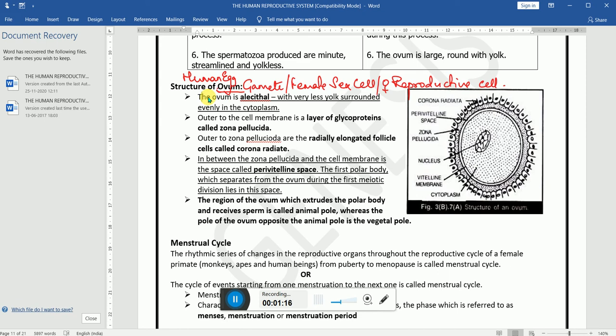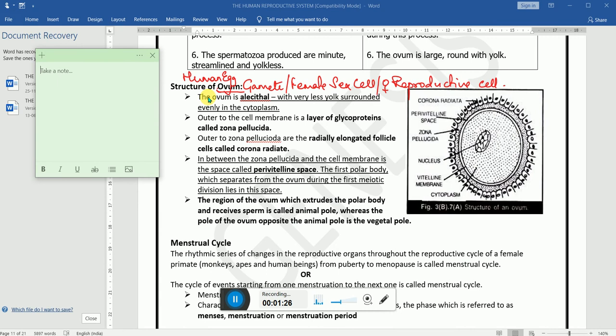Now, there is a lot of difference between an egg and an ovum. What are the differences? Though we use egg and ovum side by side, there is a lot of difference, so I want you to please look into those differences.